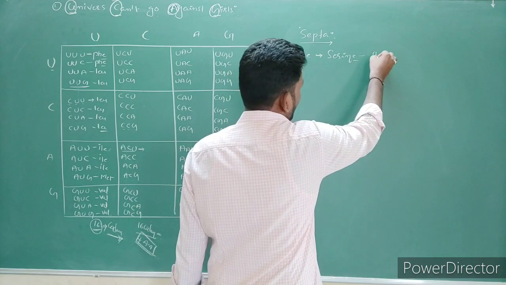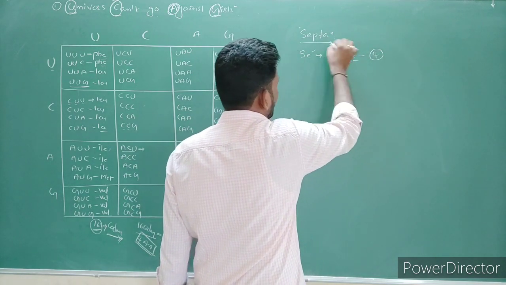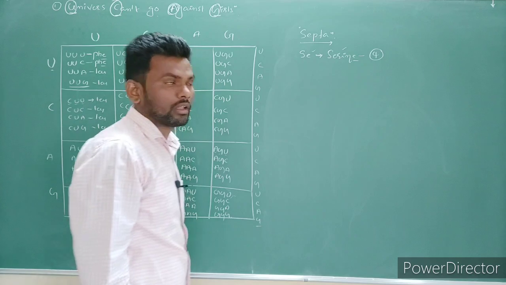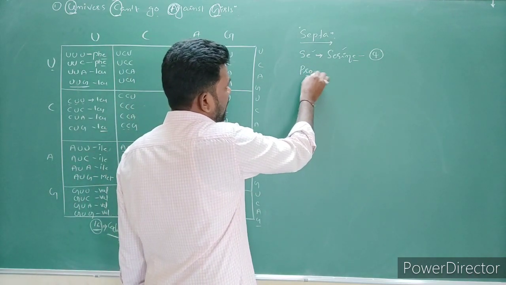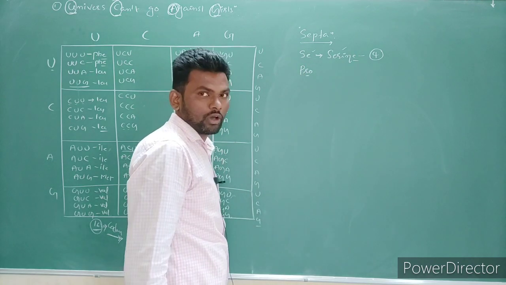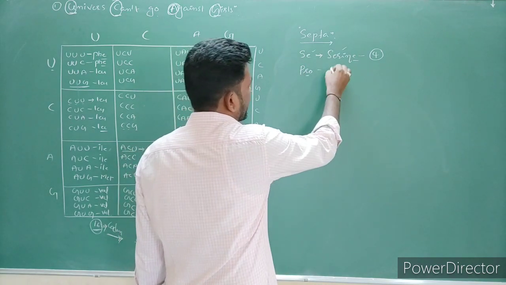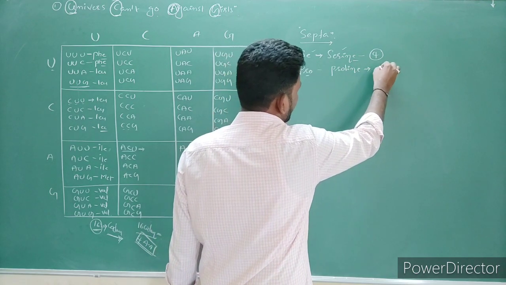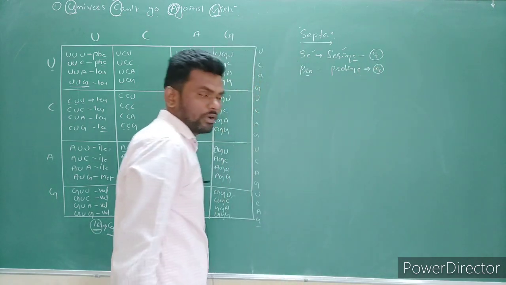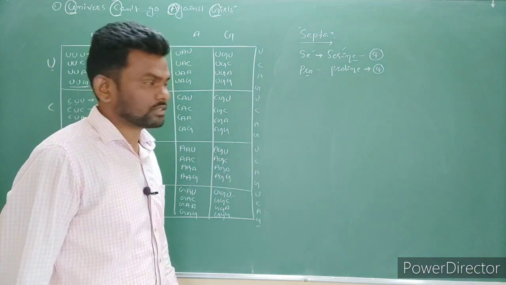Here 4 codons are going to code for serine. Next, PRO. Here R is common in all these columns. Proline is an amino acid which is again coded by 4 codons.